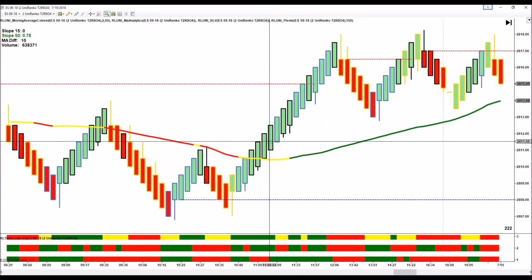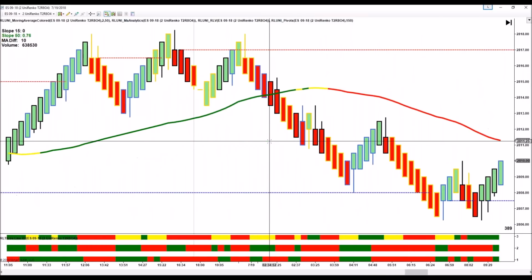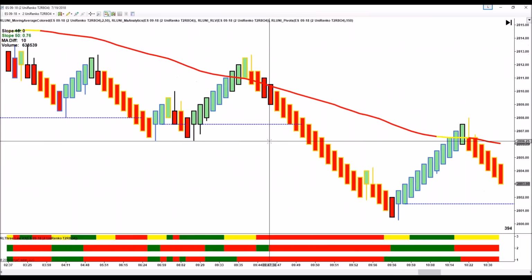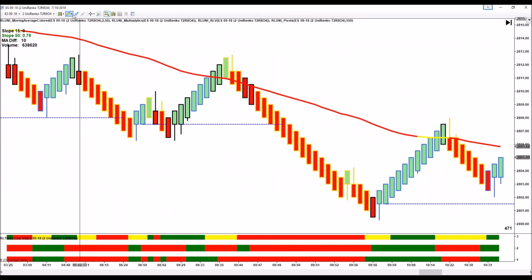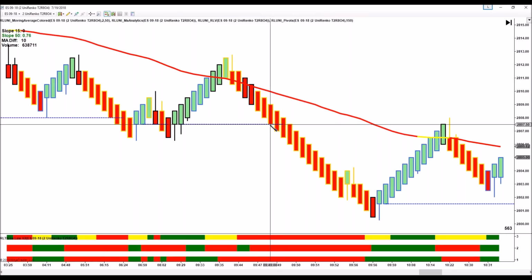Now, we have one of the few pivot indicators that adhere to Japanese candlestick rules. And the pivot will continue to trace. You see how it traces here?